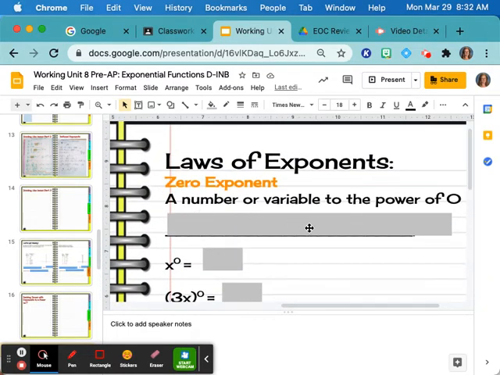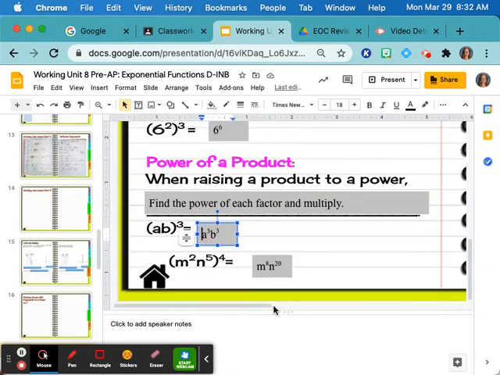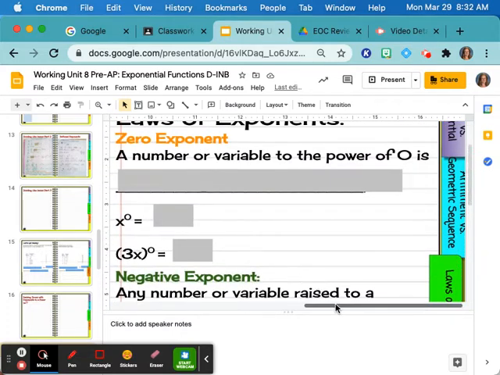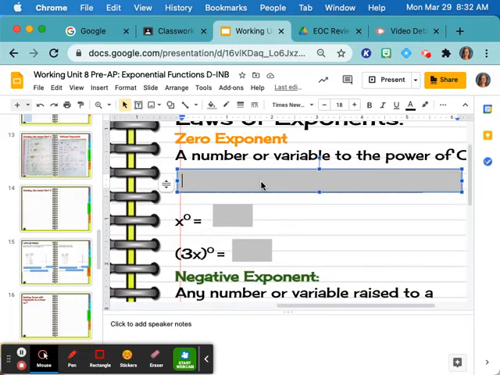A number or a variable to the power of 0. Let's look back at our notes. I know we wrote it down somewhere.